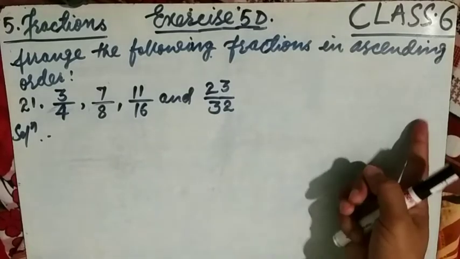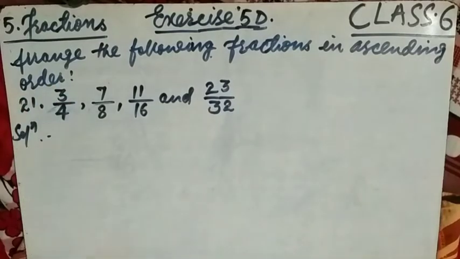This is class 6, chapter number 5, fractions, exercise 5D. Today we are going to solve a couple of questions of exercise 5D. In the previous video, we have already solved questions 1 to 15 and the homework given.